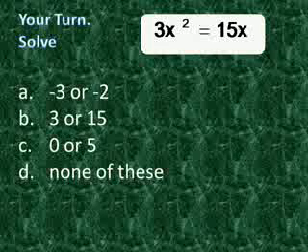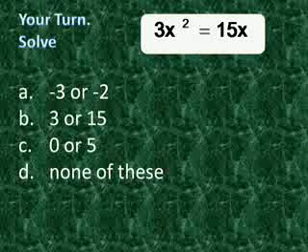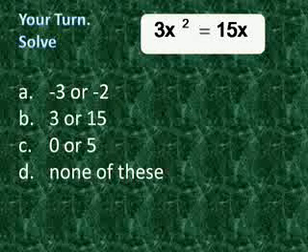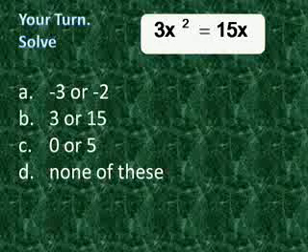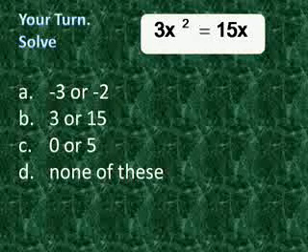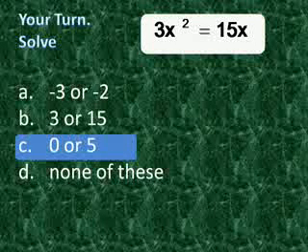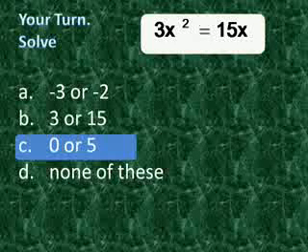Your turn. Solve 3x squared equals 15x. Please pause this video and solve the given equation. Then resume the video and check your answers. C is the correct answer. x is 0 or 5.